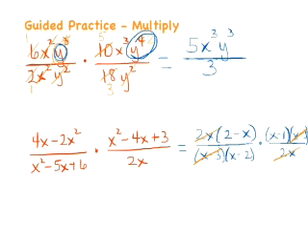And so I can factor out a negative 1, to turn this into x minus 2, which will then allow me to cancel out the x minus 2's. And so what I have left for my final answer is simply negative 1 times x minus 1, because everything in the denominator has been canceled out.